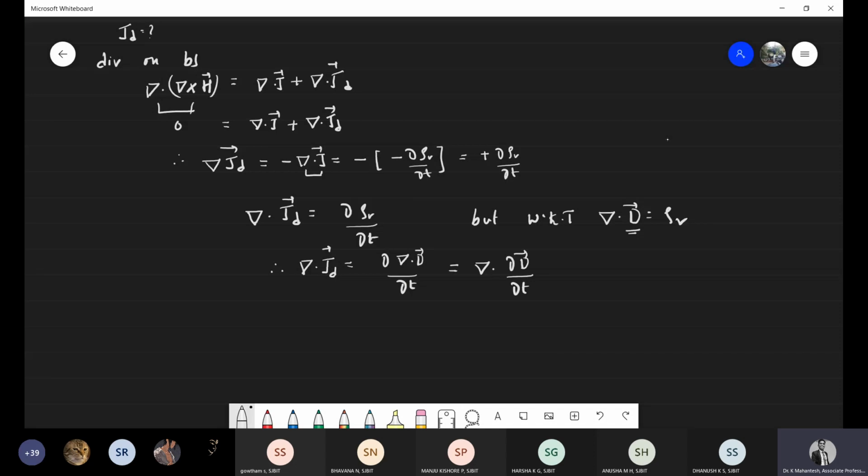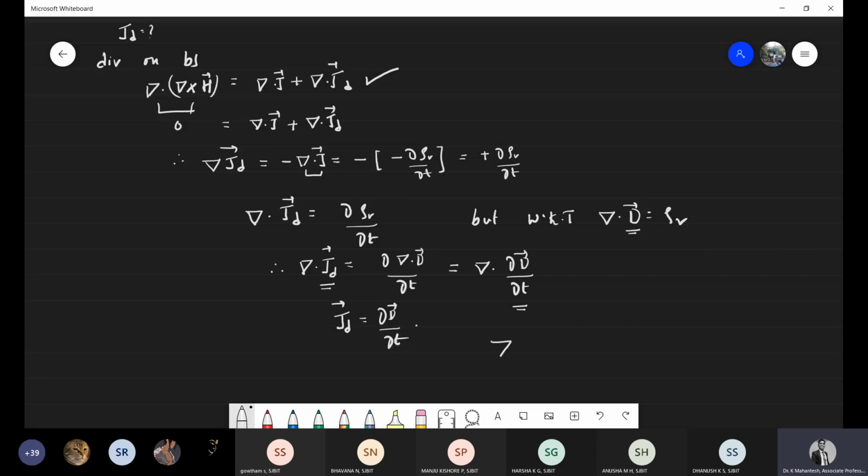Now if you compare the divergence coefficients, J_D is equal to del D by del t. Substitute this equation into this modified Ampere circuital law.